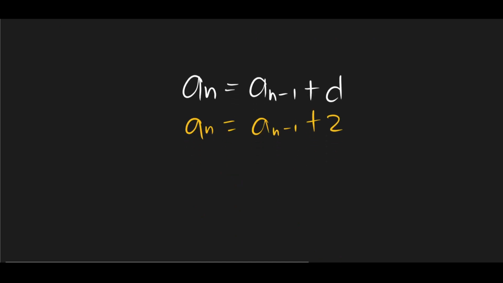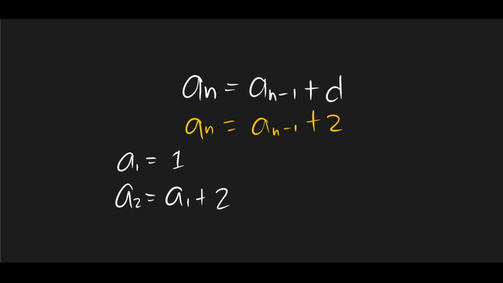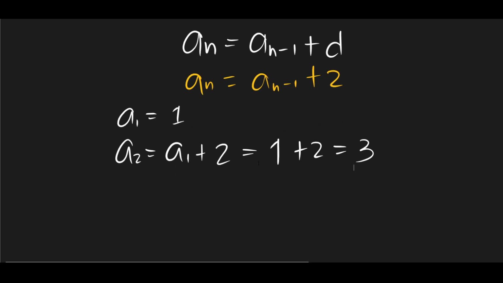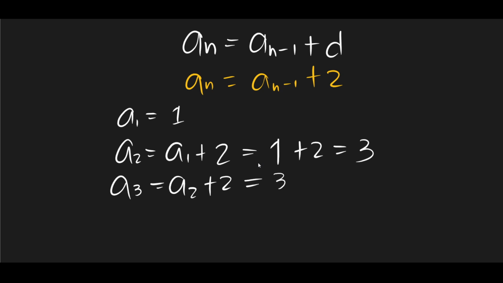Let's just practice. So a1 we know is 1, right? So a2, if we follow this pattern, will be a1 plus 2. What will we get? 1 plus 2 is equal to 3. The next one, a3, is a2 plus 2, where a2 is 3, and plus 2 we get 5.